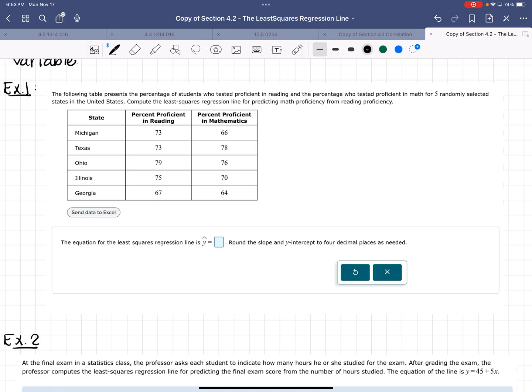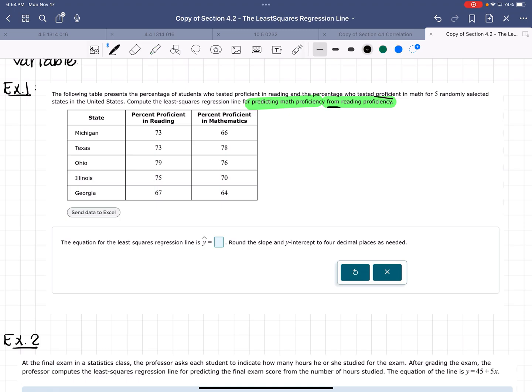Compute the least squares regression line for predicting math proficiency from reading proficiency.